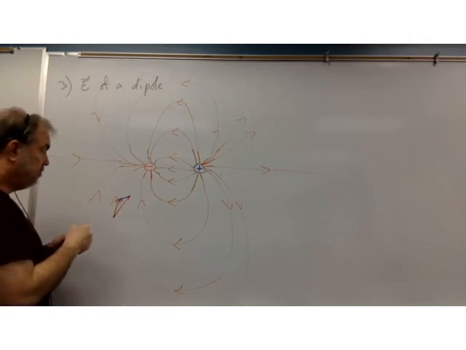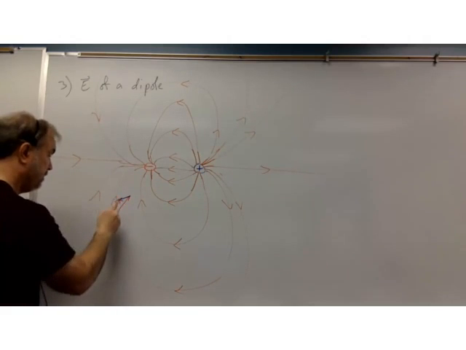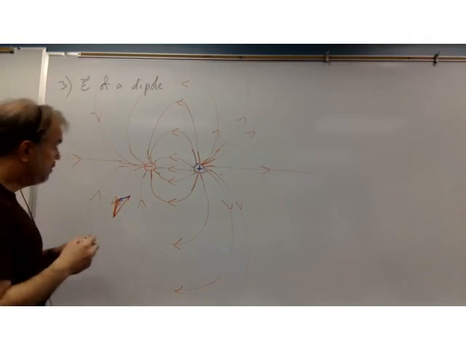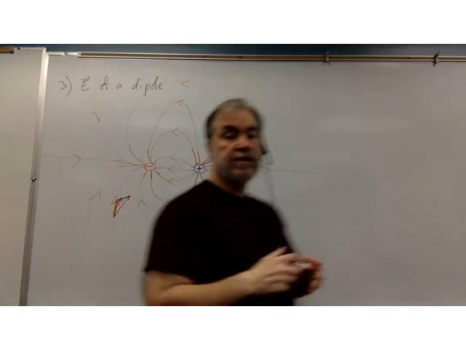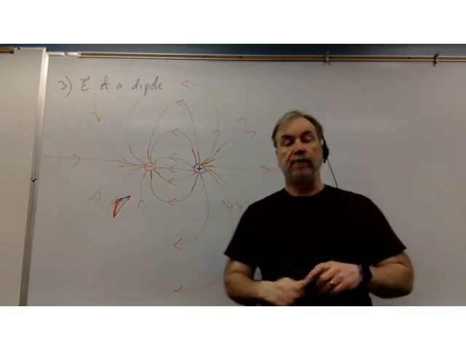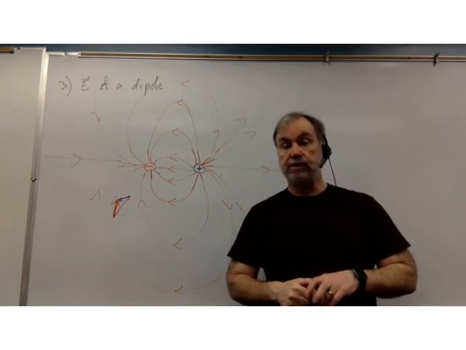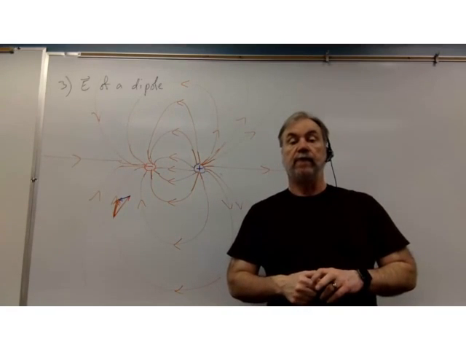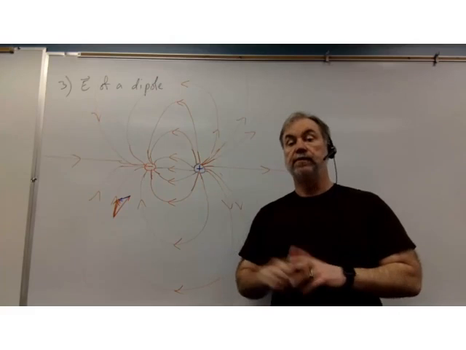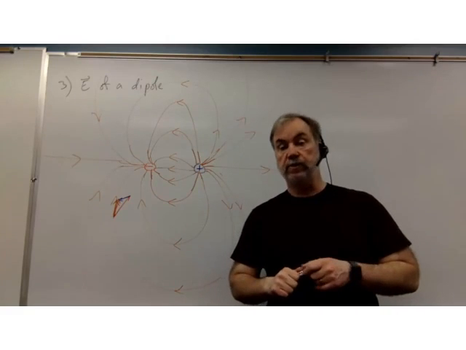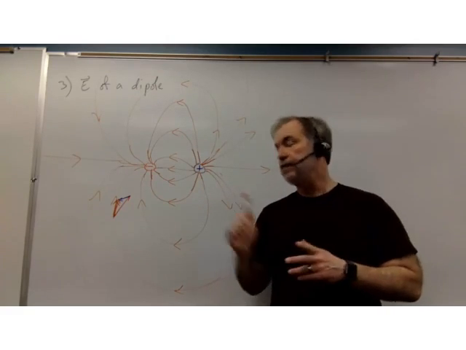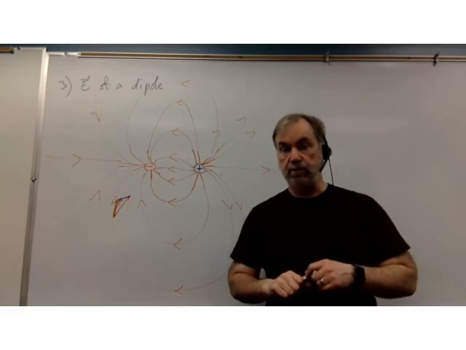Okay, so it should be up a little bit more like that. Okay, so perfect. And so that's how you think about it. Bottom line, the direction of the field is defined as the same direction as the force that the field would apply to a positive test charge, and that idea is applied to every point in space.